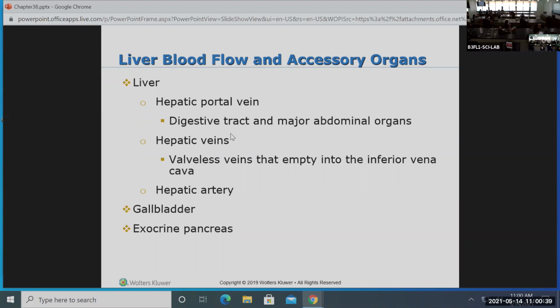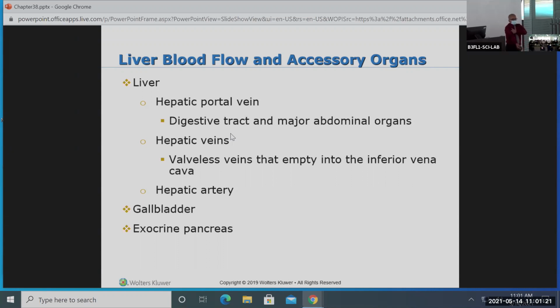This is my splenic vein, coming from the spleen, and this is my superior mesenteric vein. The superior mesenteric vein and the splenic vein join together to form the portal vein. Is it clear? The superior mesenteric vein draws blood from the small intestine and part of the large intestine. So the superior mesenteric vein and splenic vein join to form the portal vein.